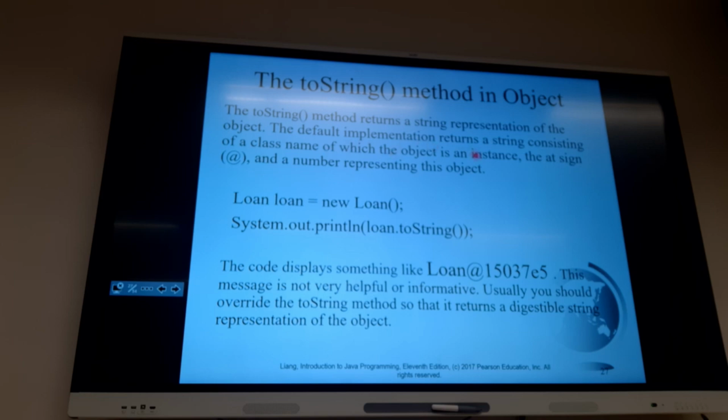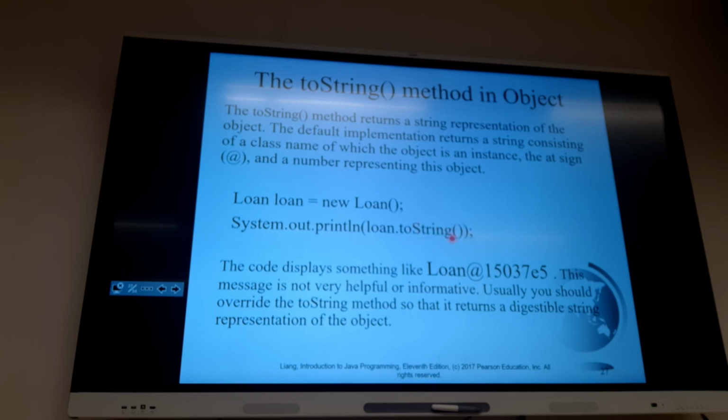The default implementation returns a string consisting of the class name of which the object is an instance. If I do not override the toString method in my class, if I just create a simple class and create an object from it, there is no toString in there. For example, new Loan. Inside the Loan class, I don't have toString. But then I say System.out.println(loan.toString()). Where is this toString method?